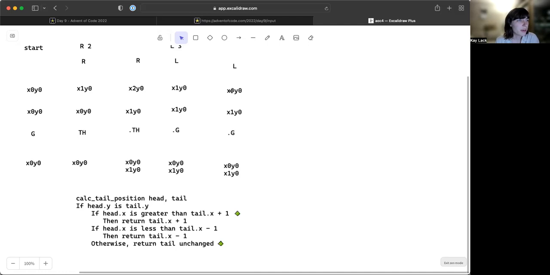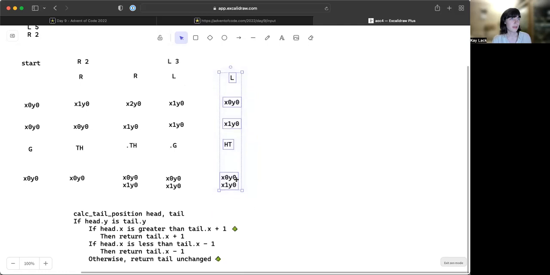Is 0 greater than 1 plus 1? No. Is 0 less than tail x minus 1? Is 0 less than 0? No. In which case we stay the same. Okay.